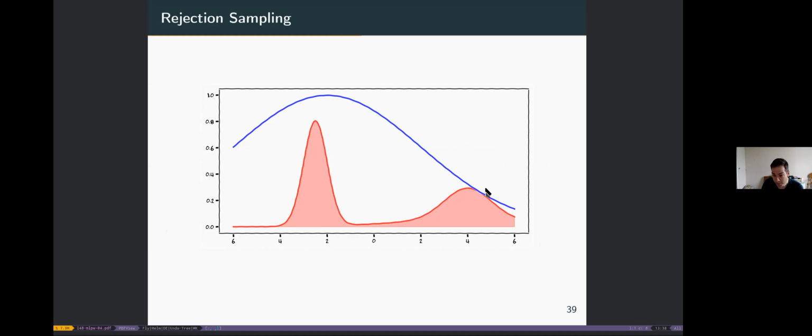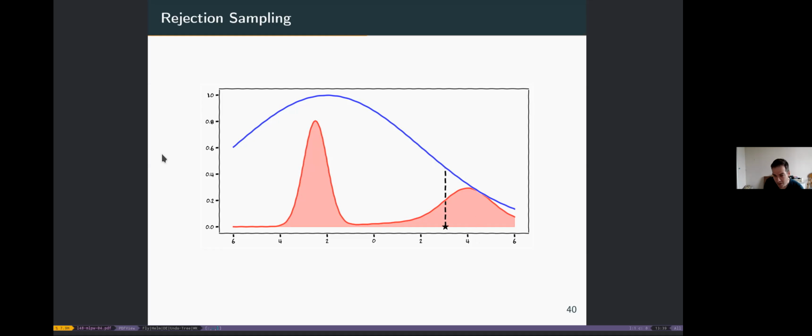That's the blue one. And I multiply it by a value so that I know this blue distribution is always above or equal to the red distribution. Then I draw a sample from the blue distribution. That came out 3.